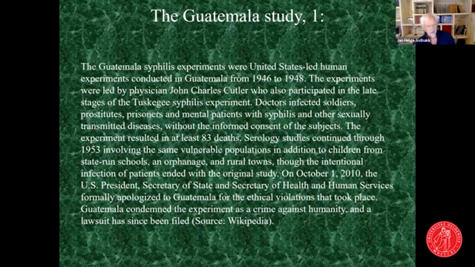These experiments resulted in 83 deaths, and serology studies continued through 1953, involving the same vulnerable populations, in addition to children from state-run schools and orphanages and rural towns, though the intentional infection of patients ended with the original study. So we see here this thing that repeated itself again and again. The experiments were conducted on extremely vulnerable individuals.